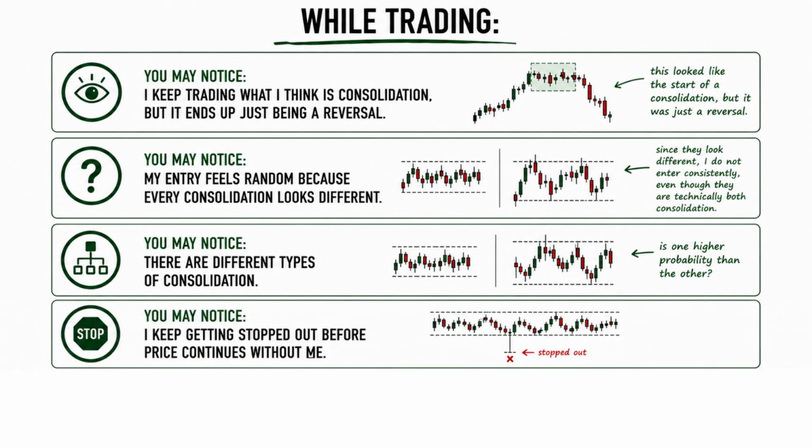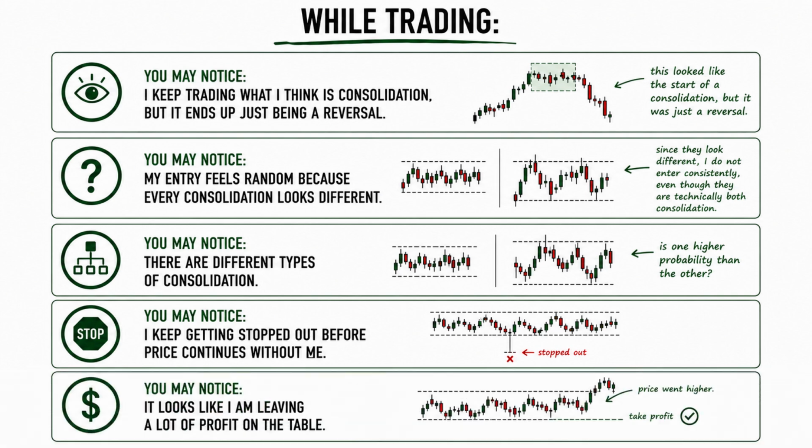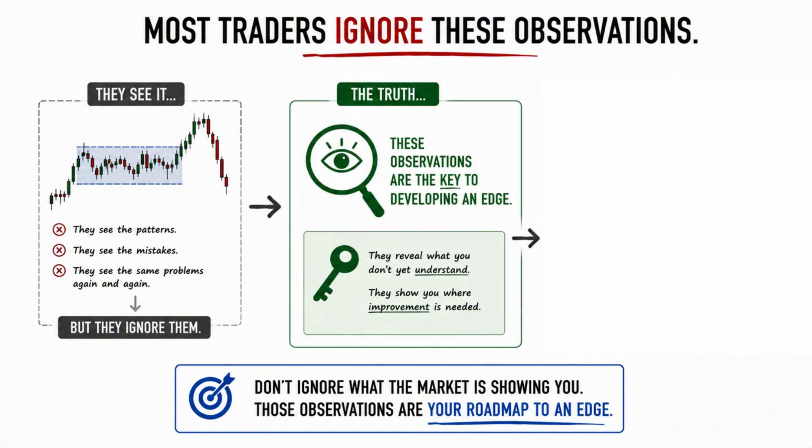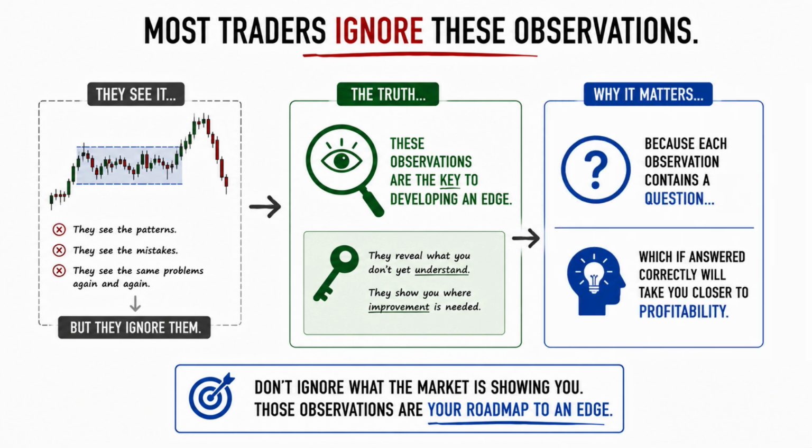You may notice I keep getting stopped out before price action continues without me. You may notice it looks like I'm leaving a lot of profit on the table. Most traders ignore these observations, but these observations are the key to developing an edge. Because each observation contains a question, which, if you are able to answer correctly, it'll take you one step closer to profitability. Let's look at the examples.